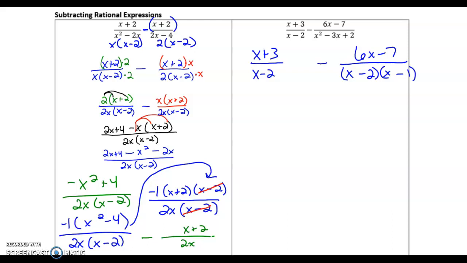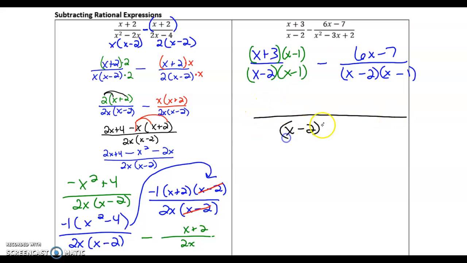All right, so what are the denominators missing? This one was missing the x minus 1, so we need to also do it to the numerator. And then, since I have my denominators the same, I can write it as one big fraction with the denominator x minus 2, x minus 1.